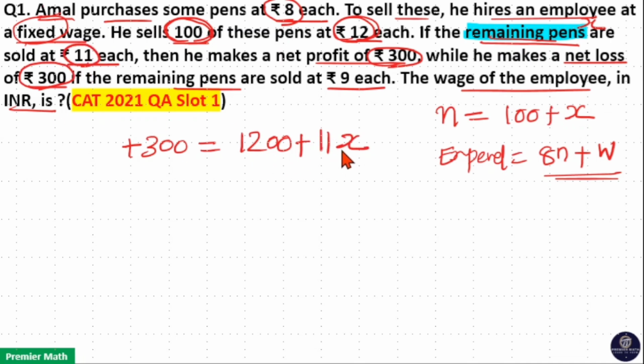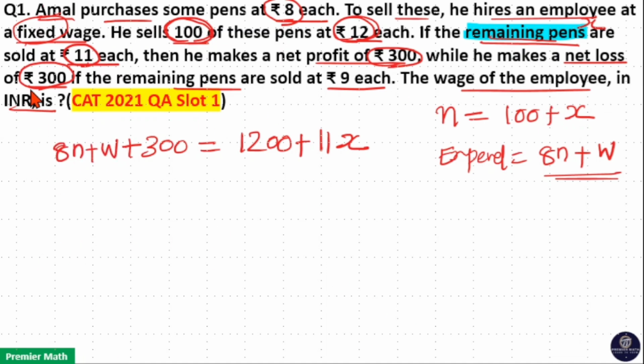So 1200 plus 11x is the selling price. When he sells at this price, he gets a profit of 300. Profit of 300 means selling price is 300 rupees greater than the expenditure. Here expenditure is equal to 8N plus fixed wage.